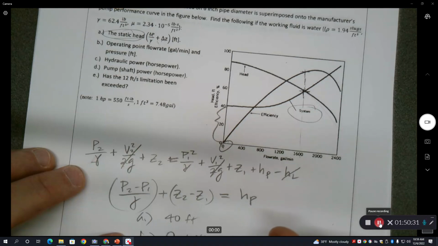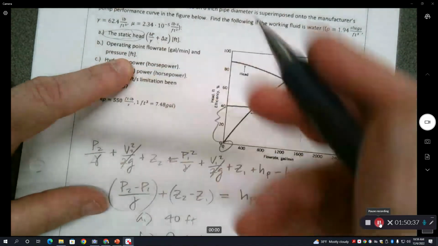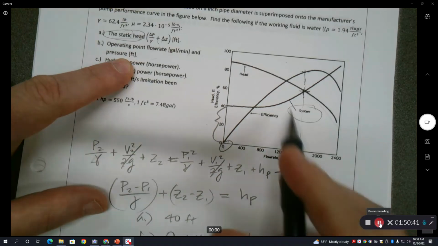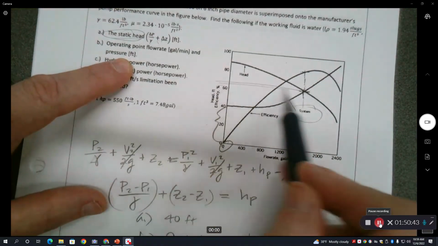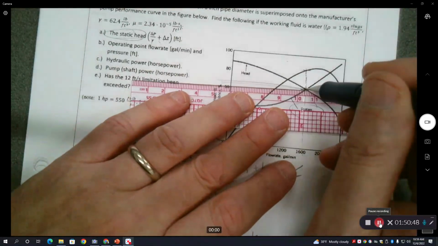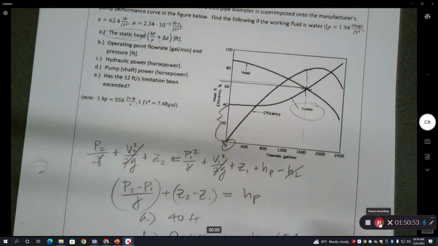And pressure, I decided to put it in feet. So H is the operating point. Is that 65? Yeah, it looks like 65. I might even go approximately.